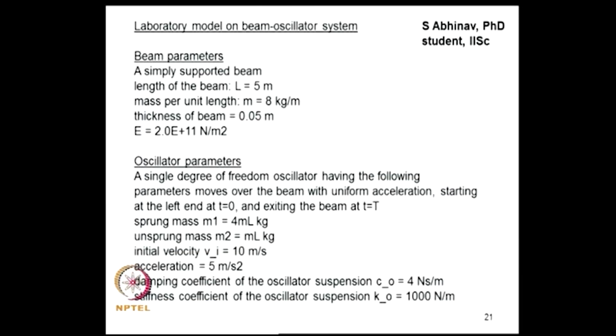Now, to illustrate the formulation that we have developed, a simple exercise has been done. One of our students has developed a software based on this formulation, and this is the data for the beam structure, a single span beam. This beam structure is more like a laboratory model than a realistic real life structure.